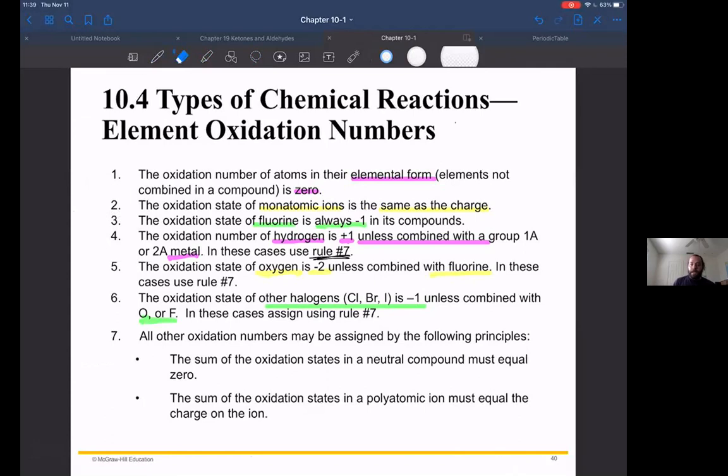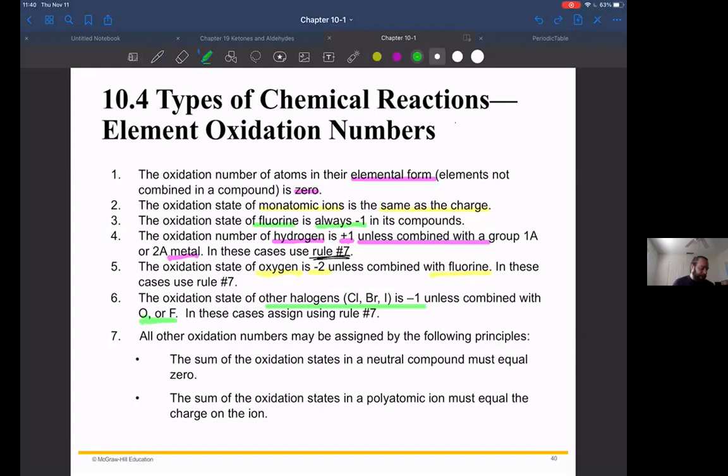So fluorine has an oxidation number of -1, unless it's in its elemental form, because that was rule 1. Likewise, fluorine is -1. Oxygen is -2 unless it's combined with fluorine, because that's rule 3, right? So you can see how the higher it is on this list, the more important the rule is.